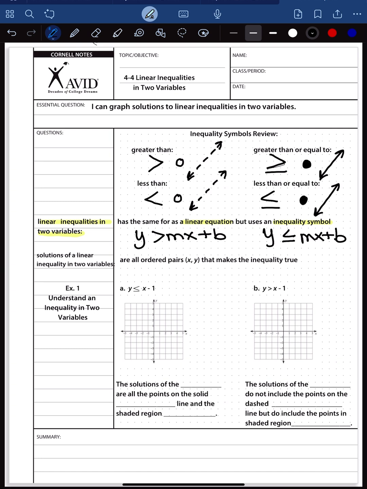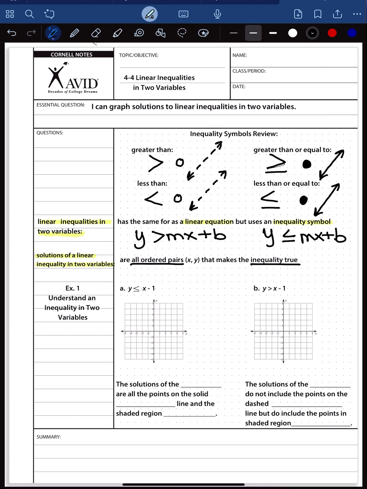So instead of the equal symbol, we have an inequality symbol. Then we have solutions of a linear inequality in two variables. That's all the ordered pairs that make the inequality true.